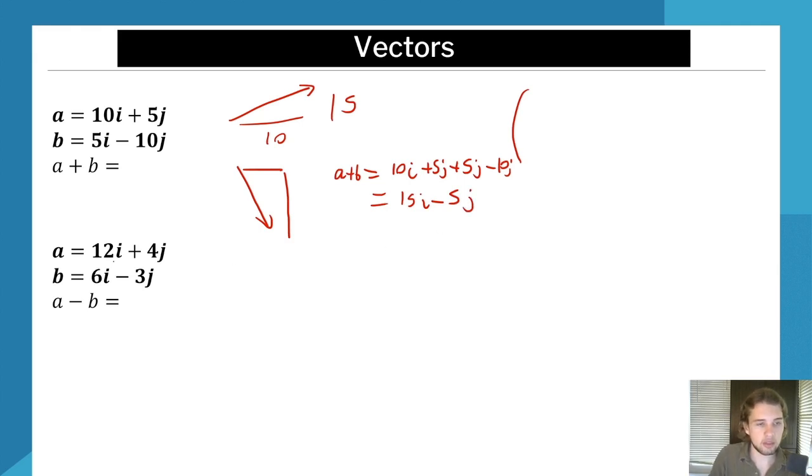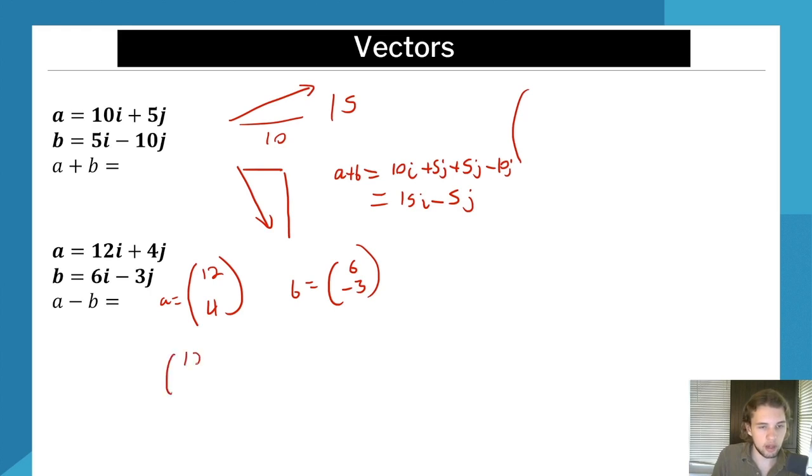Now let's do this for this question down here, but let's use matrix form instead. If I was to represent A in matrix or column form, I would say 12 and then 4. So that's A equals, and then we have B equals 6 and minus 3. If I want to subtract B from A, that would be the vector that goes from B to A. So we can simply do it like this.